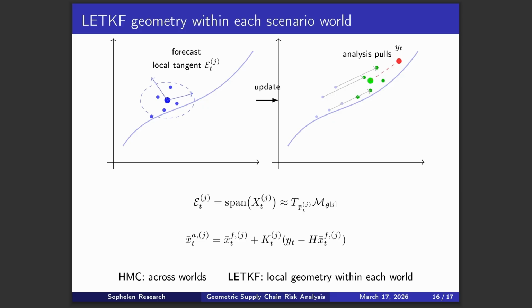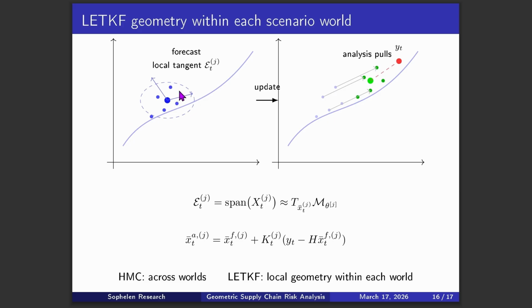So here we are doing a quick review of the Kalman filter, specifically a local ensemble transform Kalman filter. Right, we have an ensemble of points. Each point is a different scenario for our supply chain.